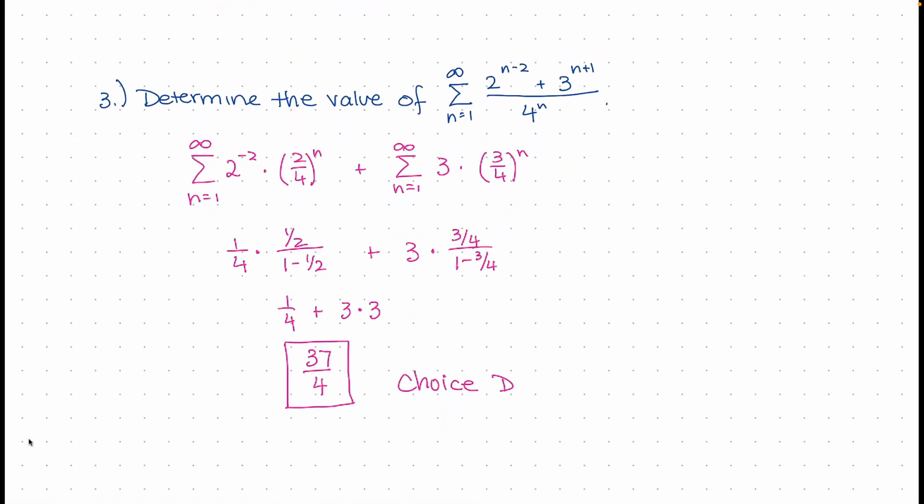Number 3 was just a geometric series, but kind of on steroids. So remember the formula for the sum of an infinite geometric series, as long as the absolute value of r is less than 1, it's the first term over 1 minus r.